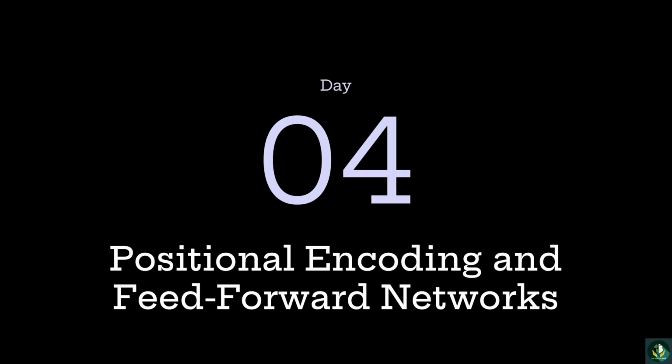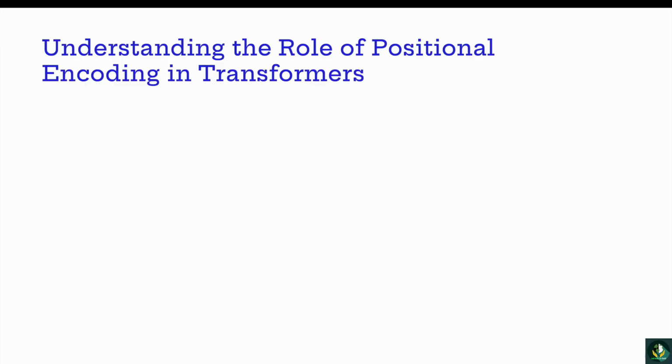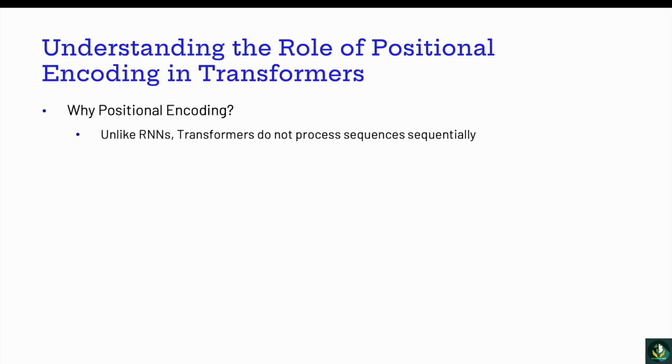Day 4, Positional encoding and feed forward networks. So let's jump into understanding the role of positional encoding in transformers. Now, why positional encoding? Unlike RNNs, transformers do not process sequences sequentially. They process all tokens in parallel.